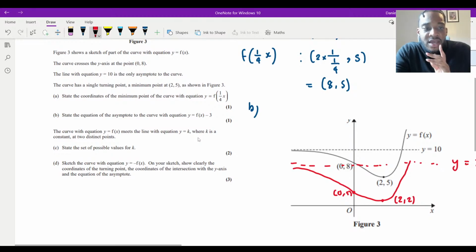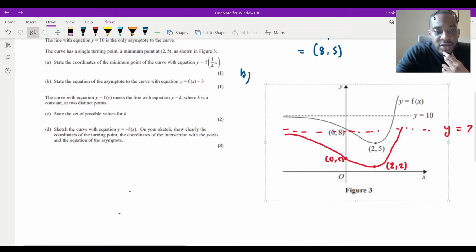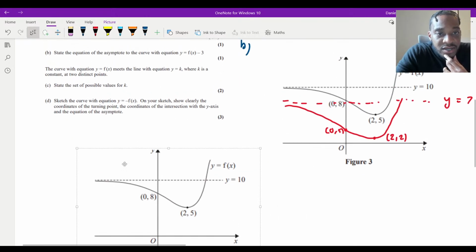So that's done, and then part C says the curve of equation y equals f of x meets the line with equation y equals k, where k is a constant, at 2 distinct points. State the set of possible values for k. Again, this is the curve, and there's a line y equals k.